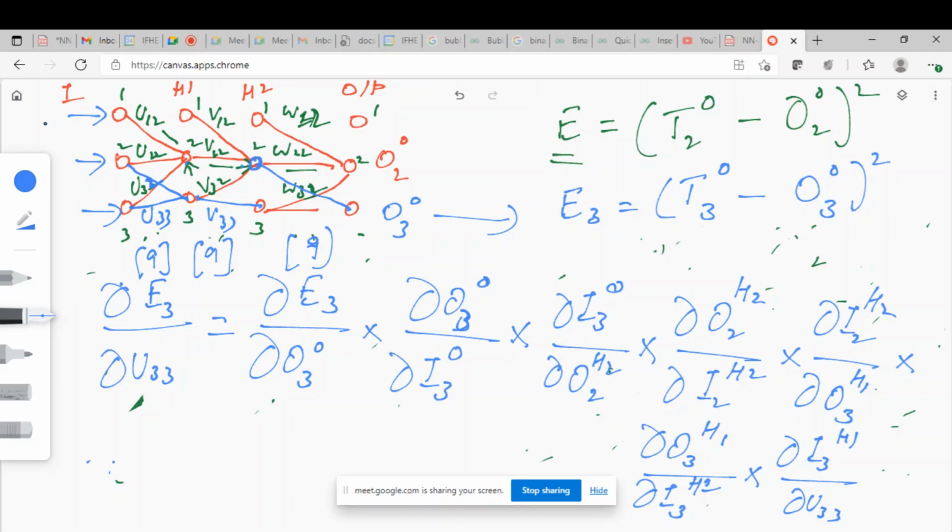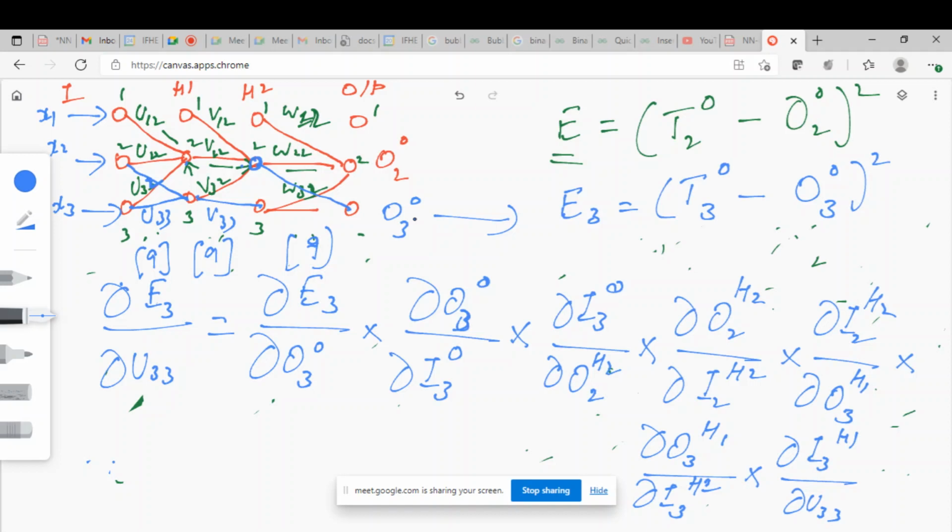For that, you get one output for O2. You calculate the error. Immediately you update the weight and adjust the weight. That is one style. It means that for every input we do back propagation.